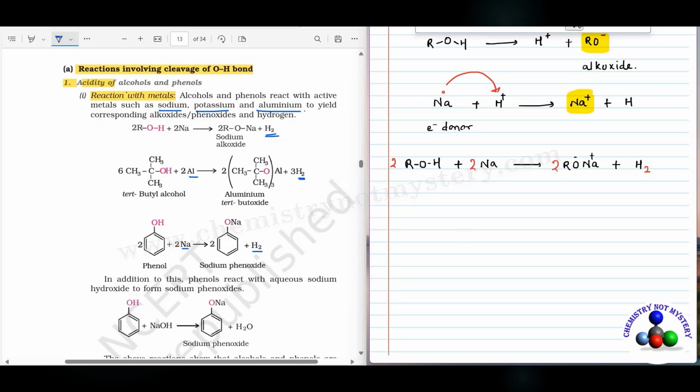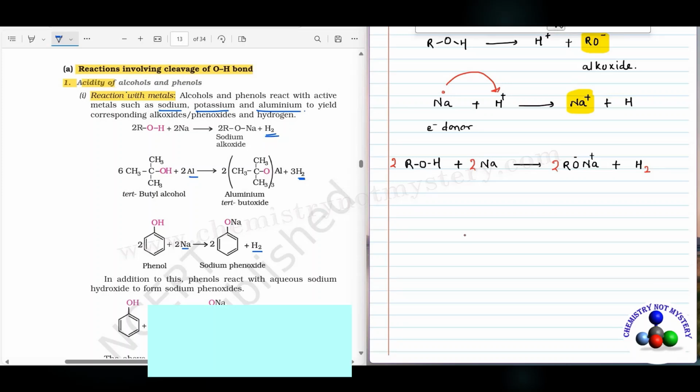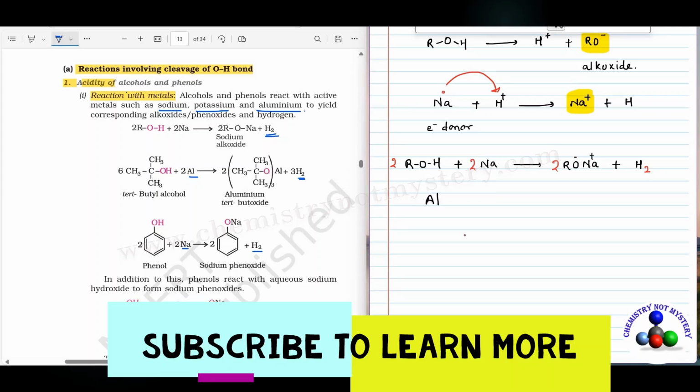Similarly, when you write the reaction with aluminium, its atomic number is 13. When you write the electronic configuration, you will get 1s2, 2s2, 2p6, 3s2, 3p1. So the third shell is the valence shell, and how many valence electrons are there?